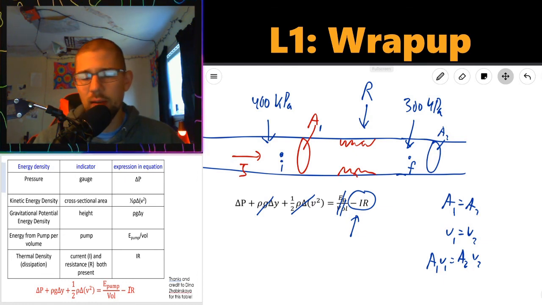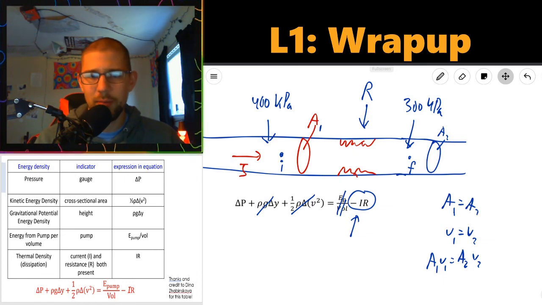In the middle, we've got the indicator in the style of energy diagrams. So if you notice any of these things in a problem, there's a good chance that those are going to be relevant terms. And finally, the expression in the equation, just trying to make those links between each term and the relevant physical quantity.